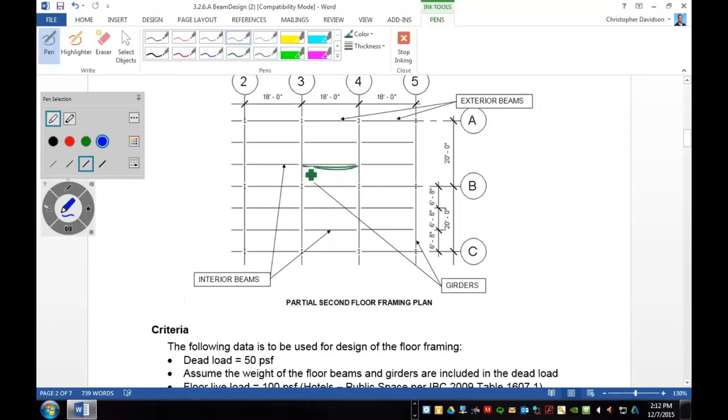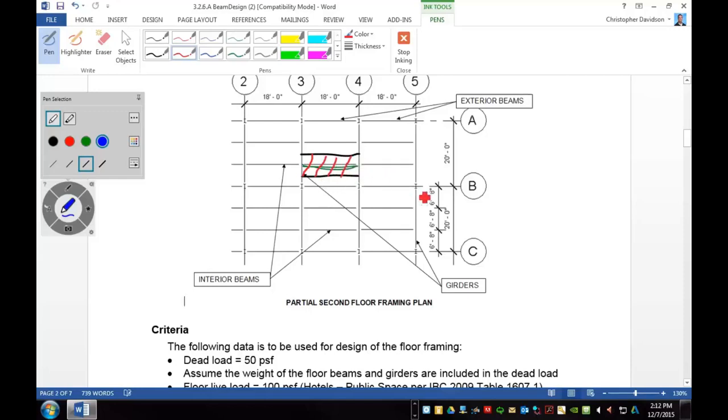Ask yourself, what is that beam supporting? Well, that beam is supporting half the distance to this beam, and half the distance to this beam. So this is our tributary area, half the length on each side.